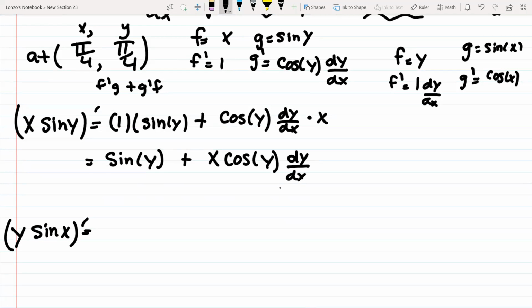So f prime is 1 dy dx times g, which is sine of x, plus g prime times f. So this would be just y times cosine of x.